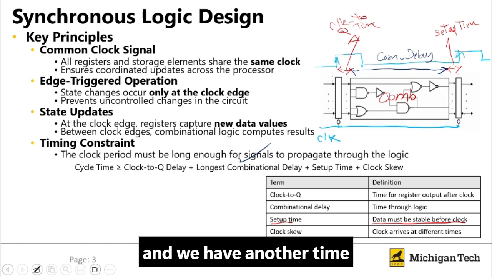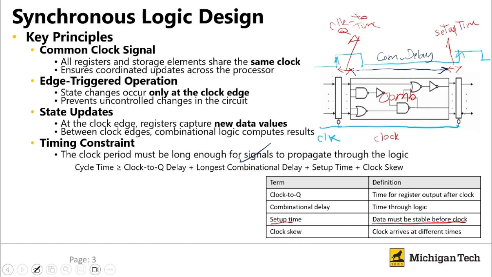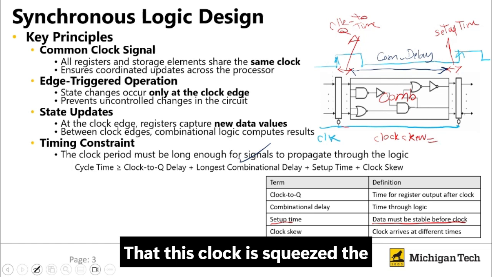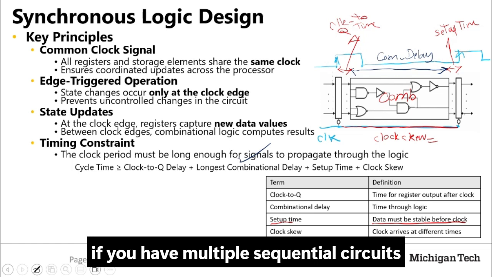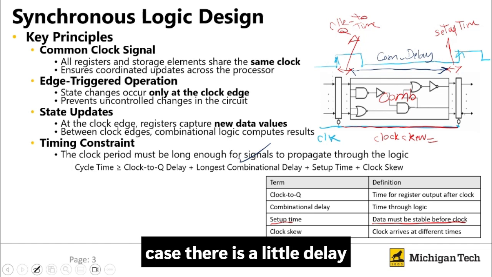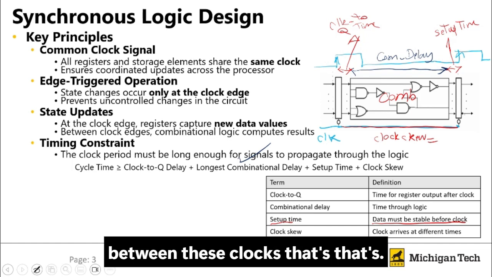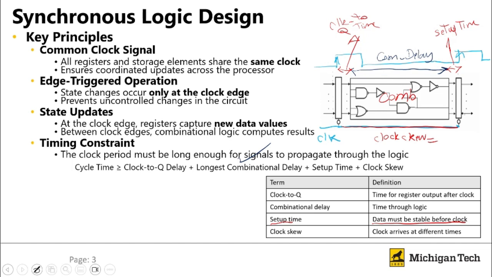And we have another time that we call clock skew. This clock skew is the time passing between these two. If you have multiple sequential circuits or registers, for example in this case, there is a little delay between these clocks. That's actually called clock skew.